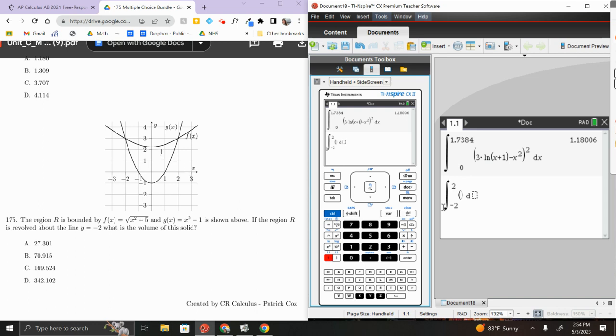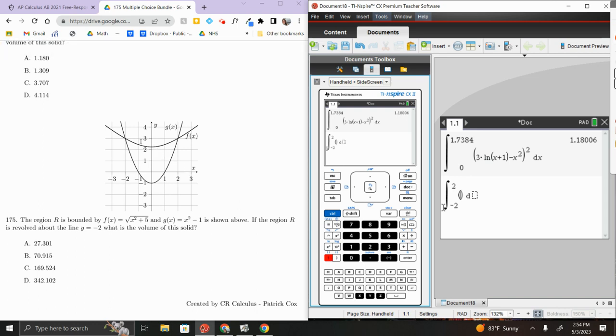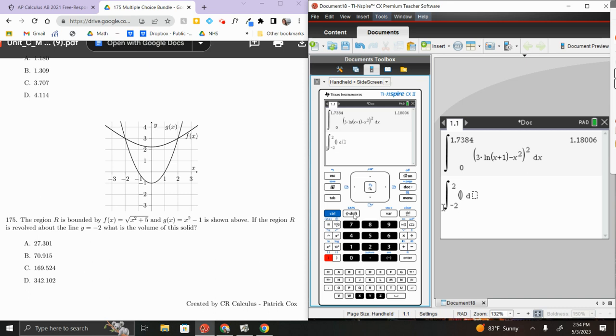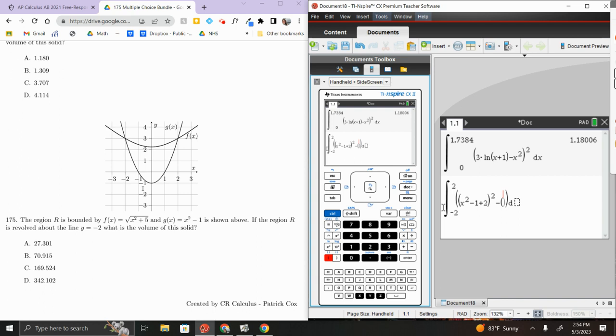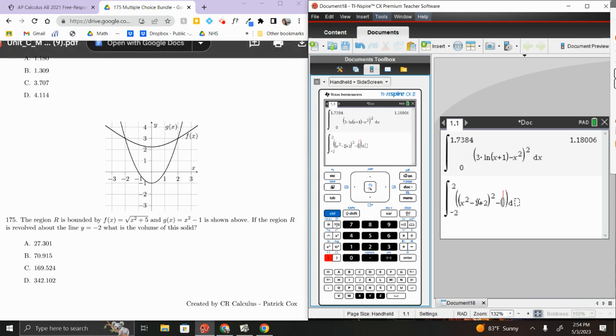And then I need to find my big radius, so it's going to be obviously G. Which one is it? That's g of x. So g of x is x squared minus 1. And then we subtract the line we're going around, so minus -2, which is a +2, squared, minus my little radius, which is, wait a second, that's the wrong line. Sorry, this one should be the other one.